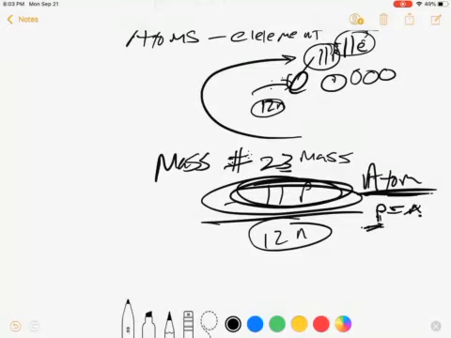Hang on, scratch that off. That was a mistake. In an atom, the protons equal the electrons. Sorry. So if I said it was an atom, magic word here, then the protons equal 11, and so it must have 11 electrons as well.